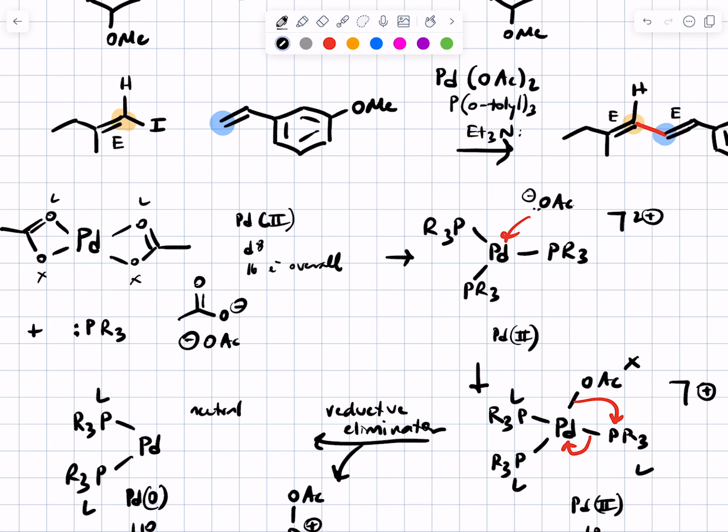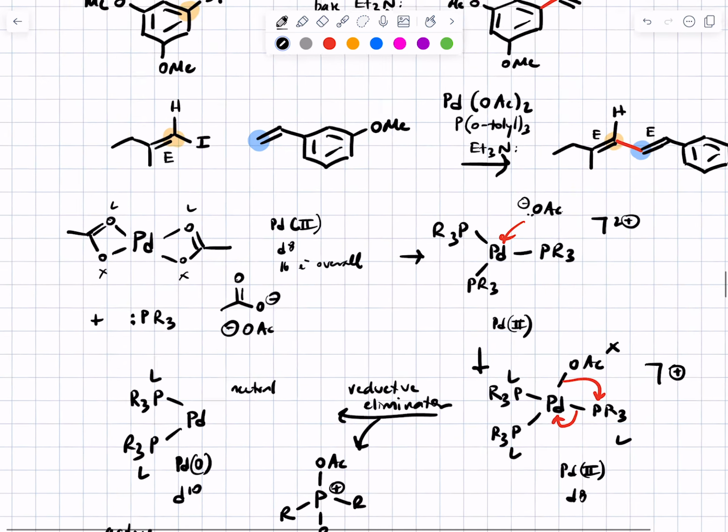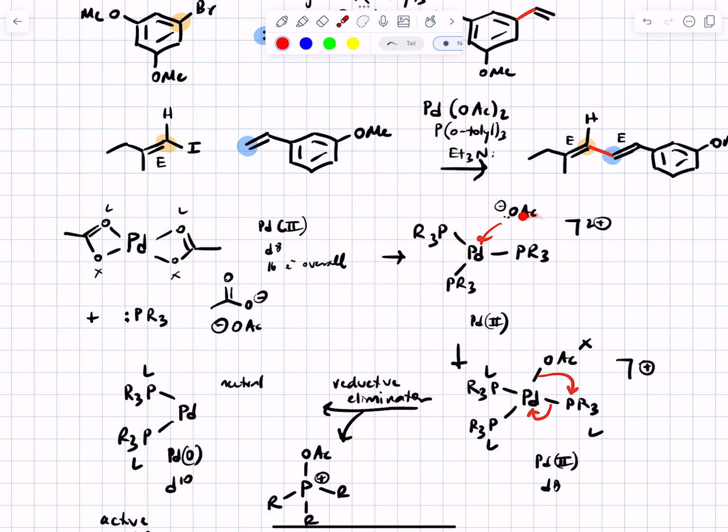Then it's thought we need to somehow reduce this complex from palladium 2 to palladium 0. It's thought that the way that happens is one of the acetate ligands binds the palladium. The overall complex at this stage is +2 because the 2 acetates have left and the phosphine ligands are neutral. So this is a ligand exchange reaction.